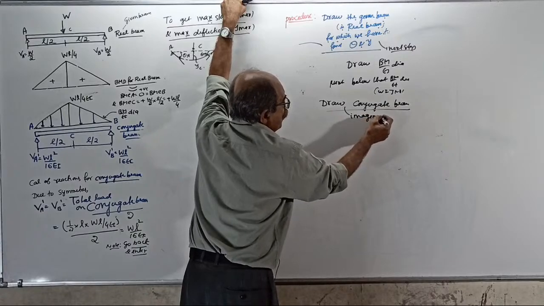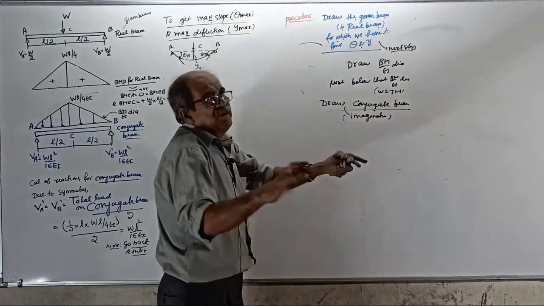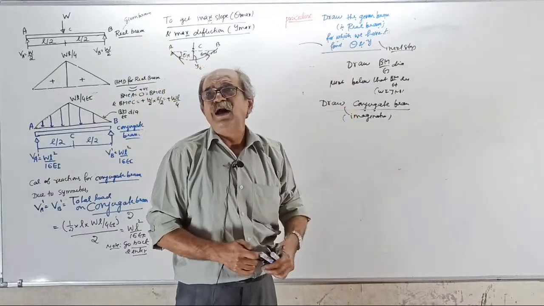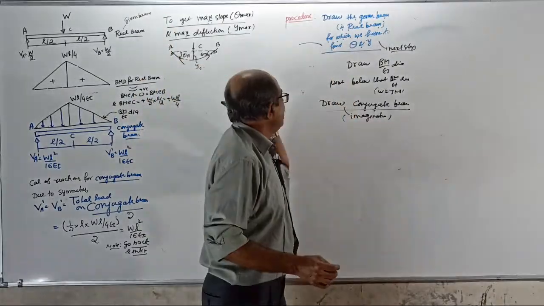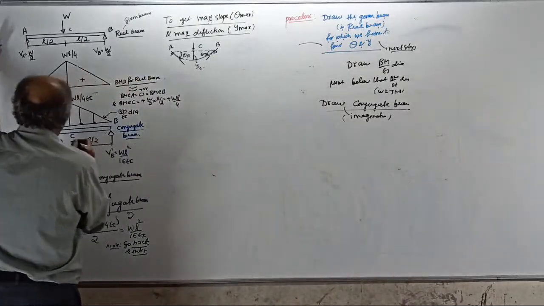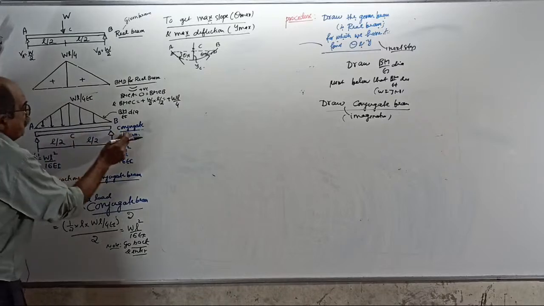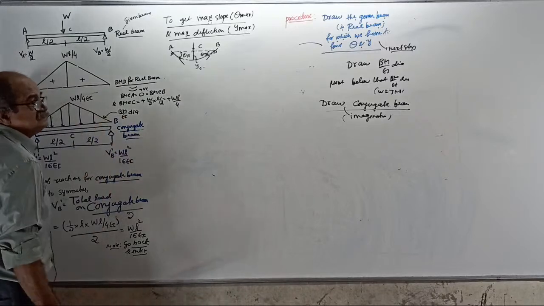Remember, pure imagination. That beam is not there. I will draw it in blue color. This is the conjugate beam. I wrote here, this is the blue color conjugate beam.